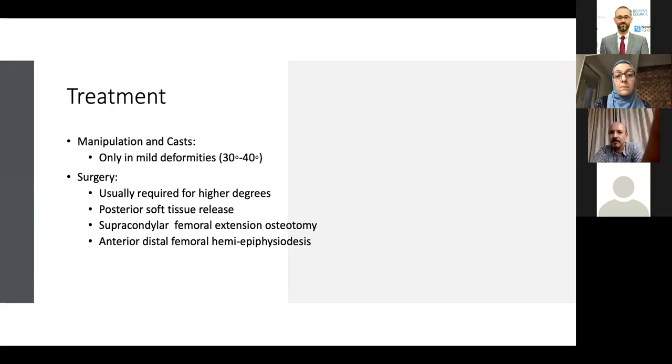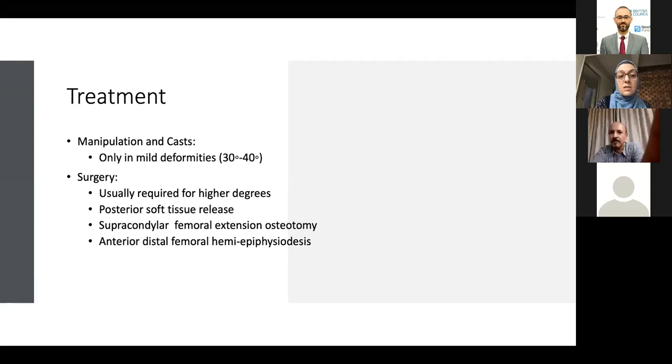You start with posterior soft tissue release, you lengthen the hamstring muscles, and then further dive into the wound to open the posterior capsule of the knee, but you need to be aware that the sciatic and the popliteal vessels run in the middle, and you cannot lengthen these. So your lengthening of other structures should not put excessive tension on the important neurovascular bundle that runs directly behind the knee, or you will lose vascularity and lose the limb, or you will lose the nerve supply.